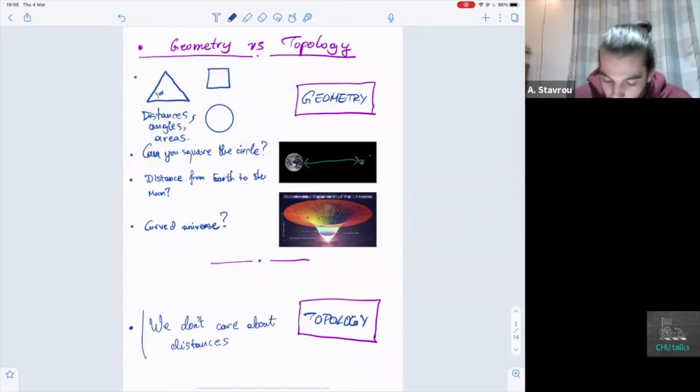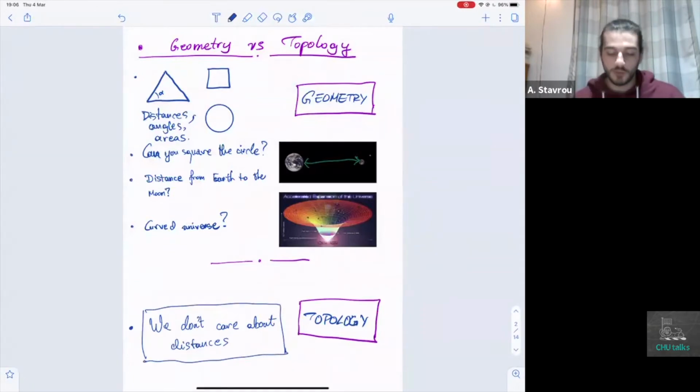Okay, so that's the main difference between geometry and topology. It's the study of shapes when we do not care about distances.